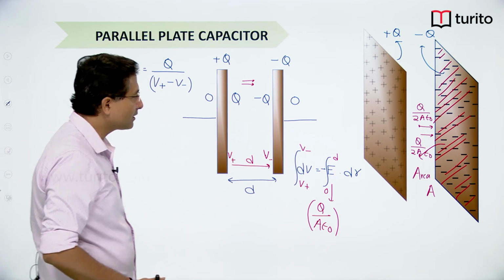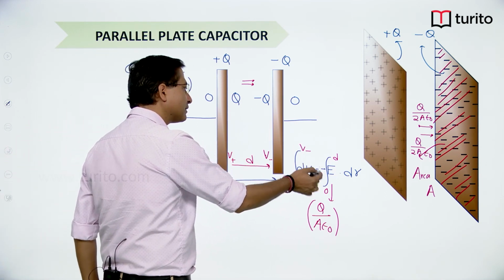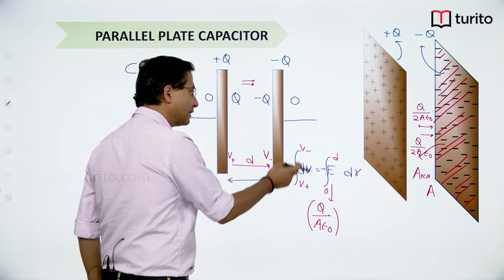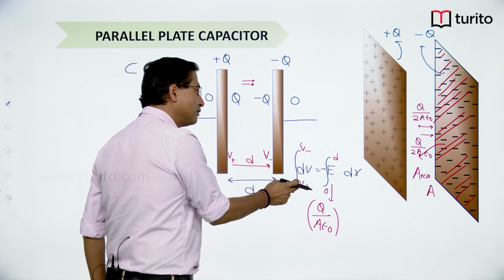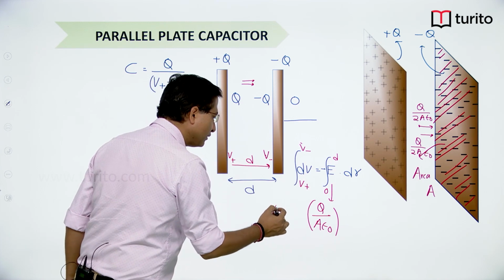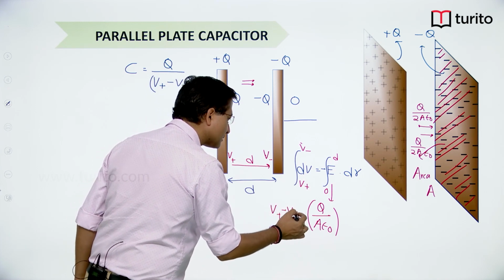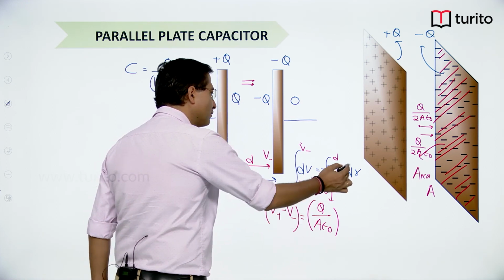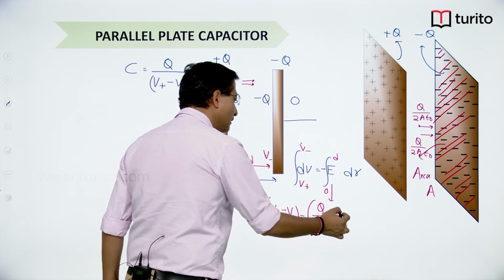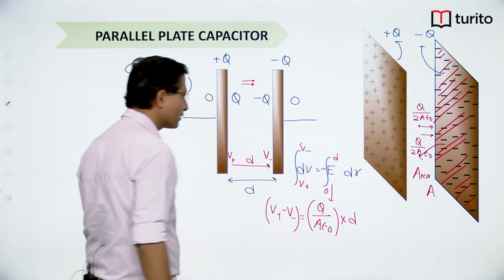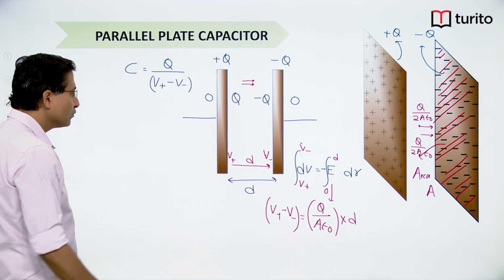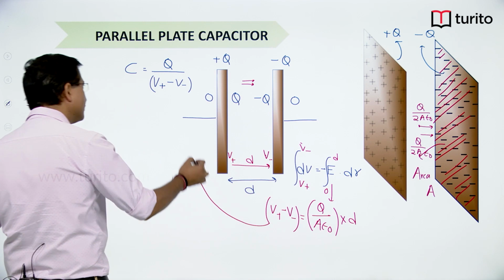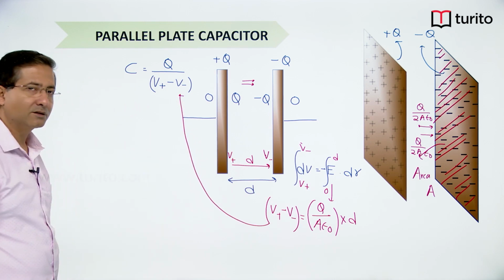If you simplify this, taking the minus to the other side, V minus minus V plus, and then the minus will make it V plus minus V minus equal to the integration of dr from 0 to d, which will give you d. So, if I substitute this value here, I will get the capacitance.